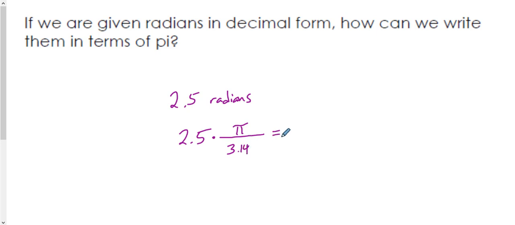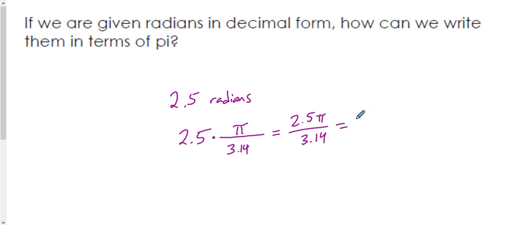When we multiply this across, we end up with 2.5 pi over 3.14. The only thing we would do at that point, guys, is straighten this out a little bit. What I like to do is make these numbers whole numbers. This decimal needs only to move one place, but this one needs to move 2, so we're going to move both of them 2.